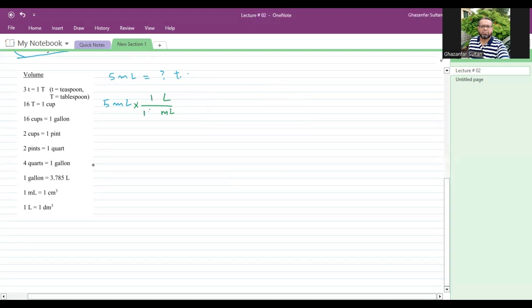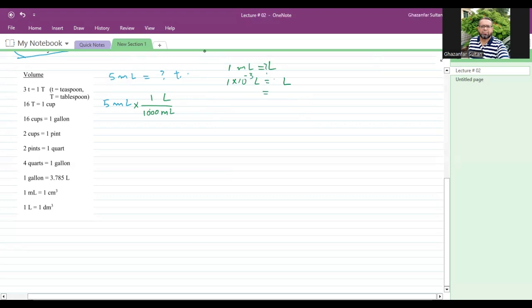It would be equal to 1000 milliliters. How? See here. 1 milliliter is equal to liter, and m stands for 10 raised to power minus 3. So 1 into 10 raised to power minus 3 liter is equal to how many liter?